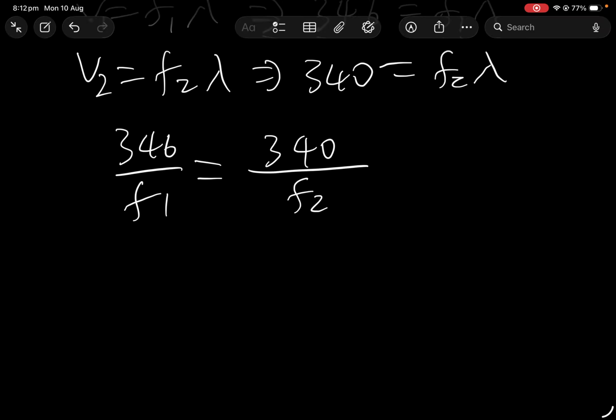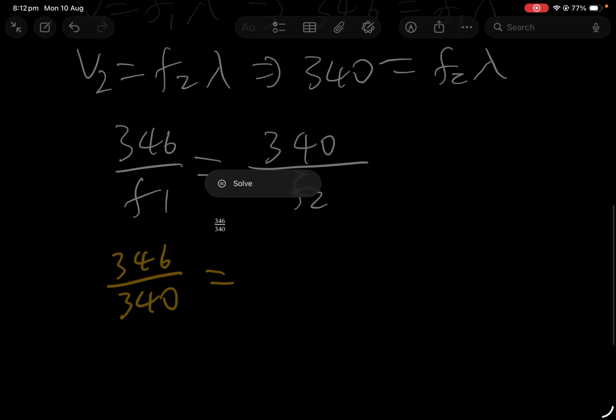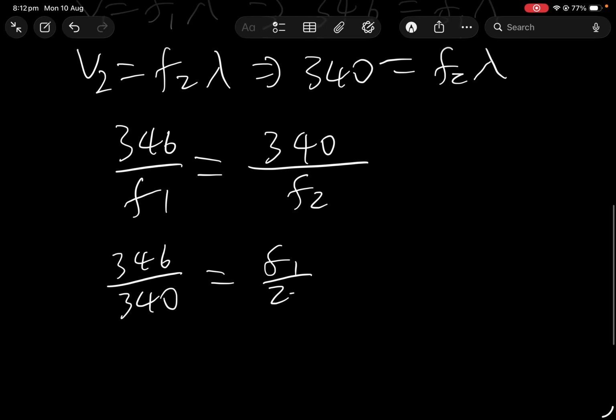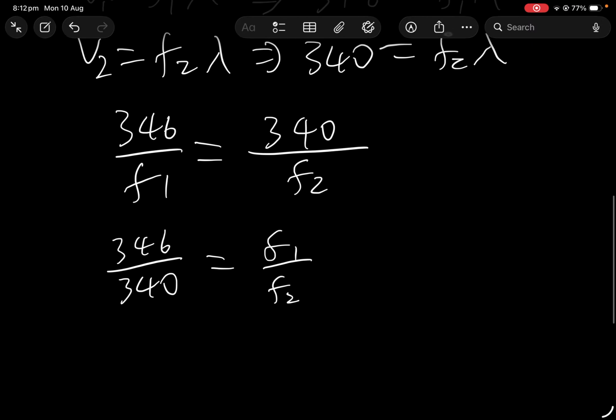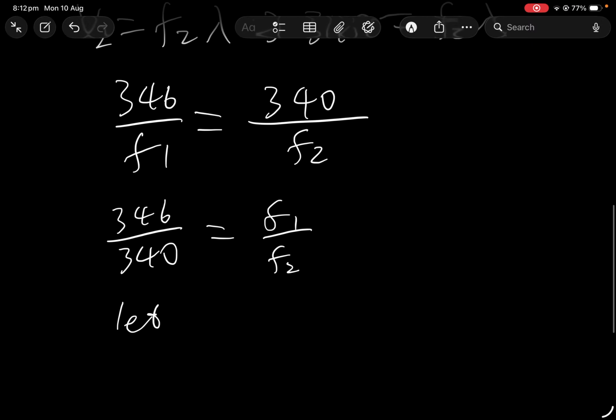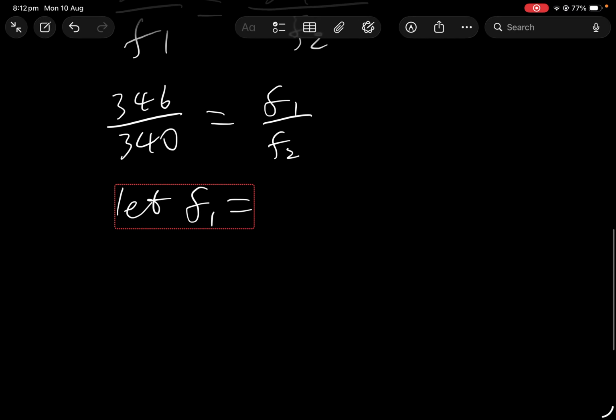If we rearrange this, 346 over 340 equals F1 over F2, and let's sub in F1. Let F1 equal 338. There's definitely an easier way to do this, but this is way easier to think about than the other ways, and essentially you can't get this wrong.